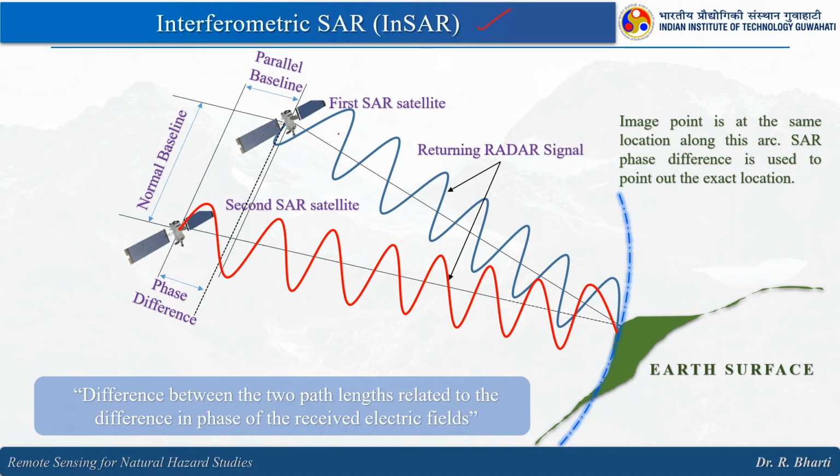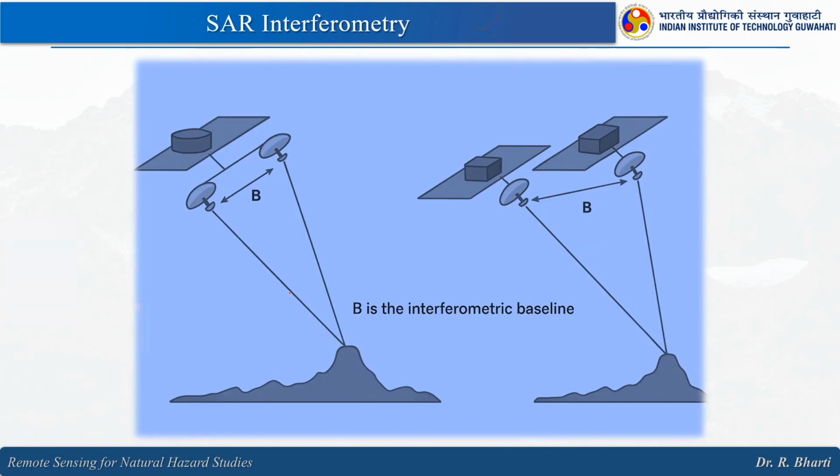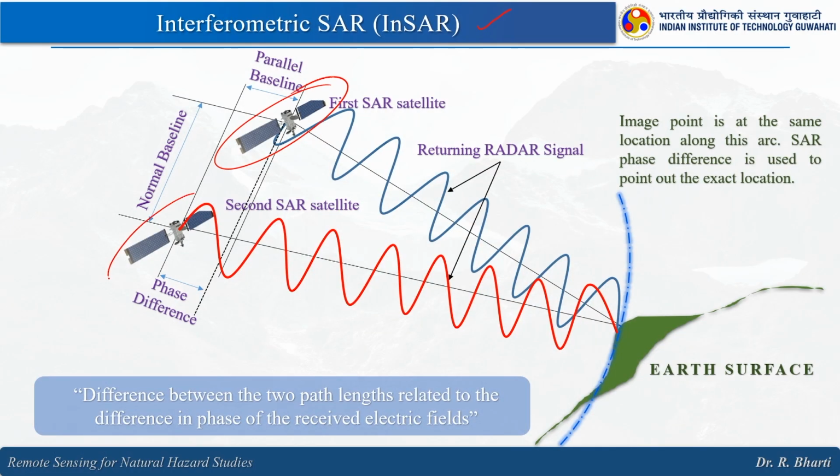Here you have two satellites at two different locations, separated by the baseline, right. You have to see that this particular area is being captured by both satellites at the same time or at different times, right.